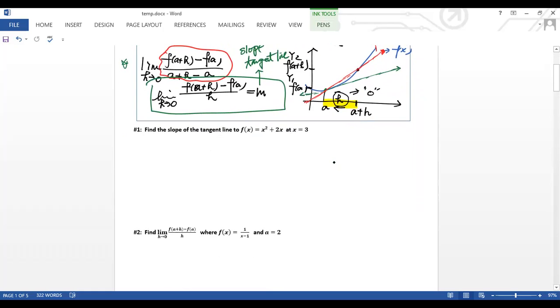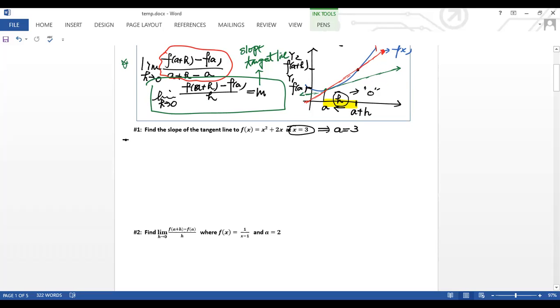Okay, so now let's take a look at some examples here. All right, so the first example says find the slope of the tangent line when x equals 3. That means you want to find the tangent line when x equals 3. That means a equals 3, right? Okay, so now let's take a look by using the first formula here.